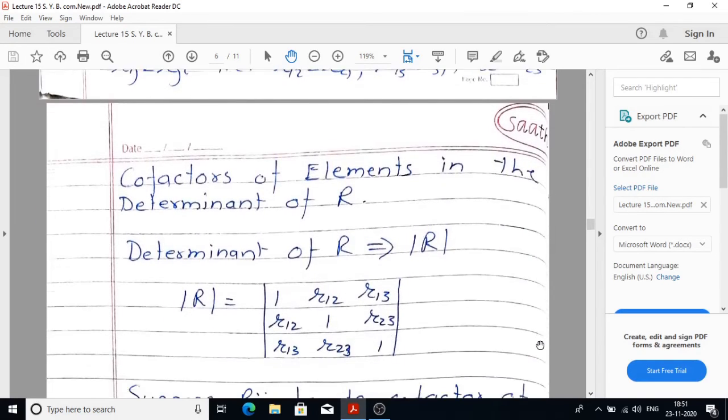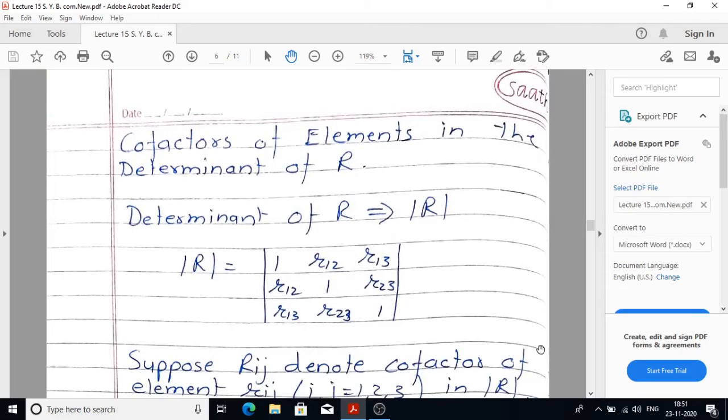Cofactors of elements in the determinant of R. So determinant of R is written as determinant of 1, R12, R13, R21 which is same as R12, 1, R23, R31 which is same as R13, R23 and 1.